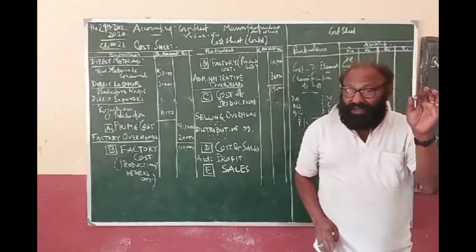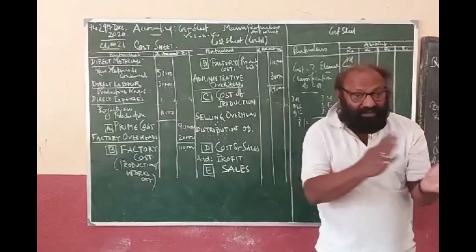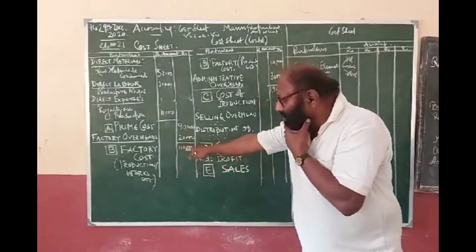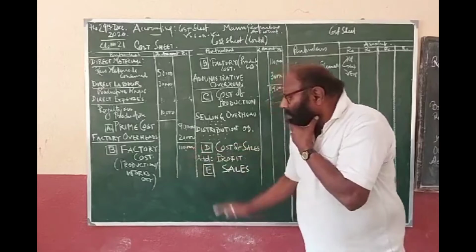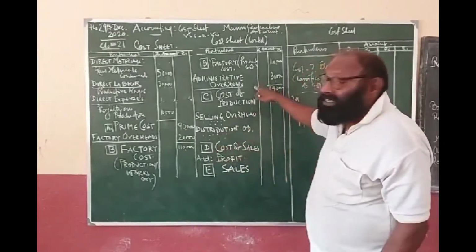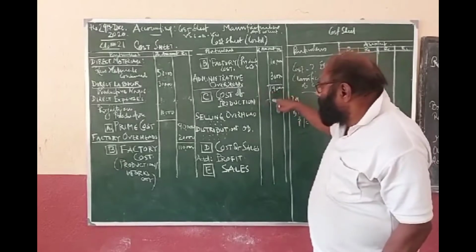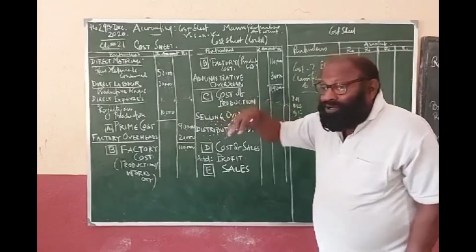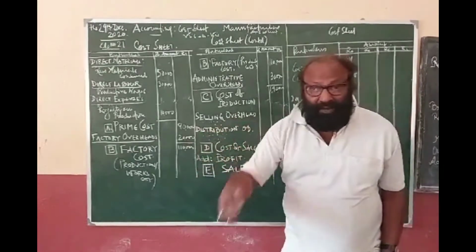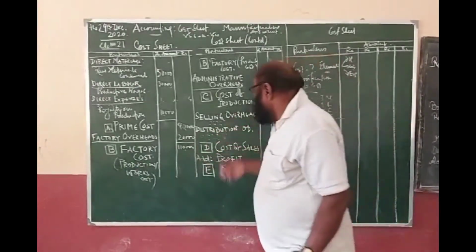One is direct cost, that is prime cost. Prime cost plus factory overhead constitutes production cost or factory cost. And to that production cost we add administrative overhead, and that will constitute cost of production. So cost of production is production cost plus administrative overhead.